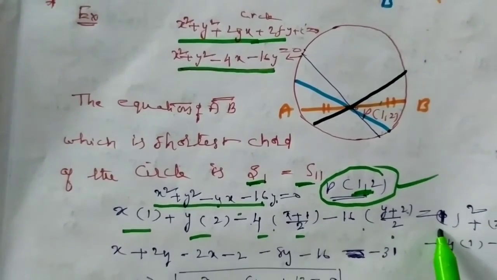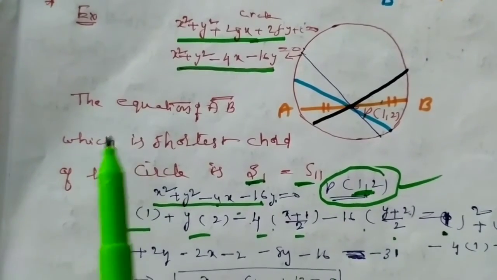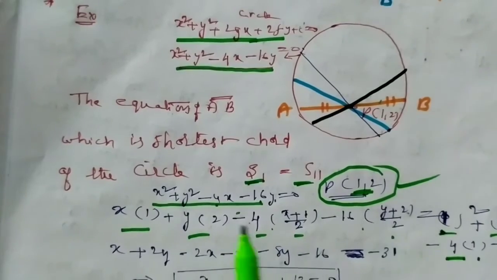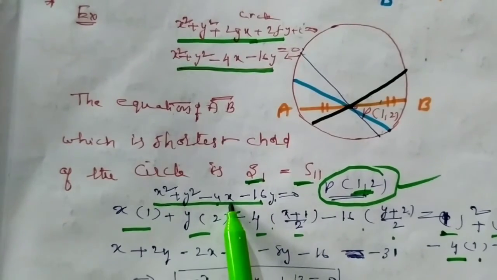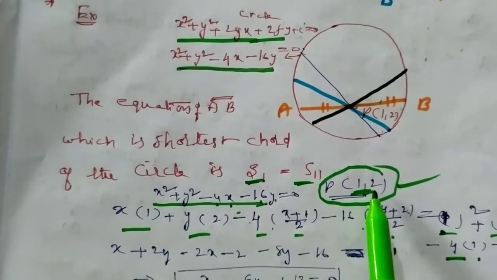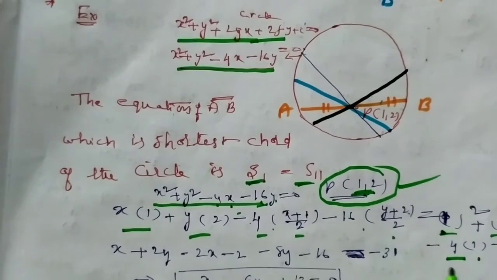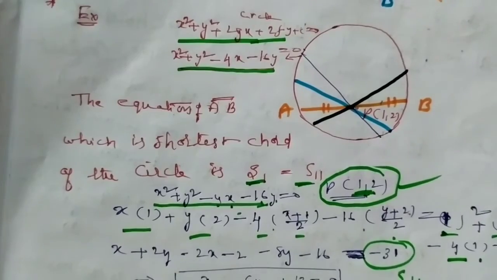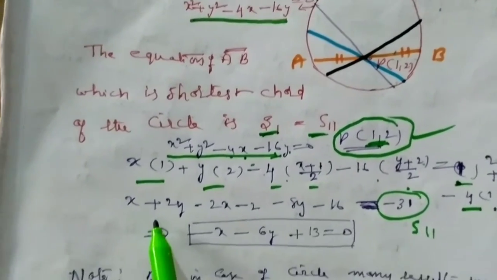So here S11 is 1 square plus 2 square minus 4 into x1, which is replaced by 1, and 16 into y1, which means 2 is substituted. By calculating, you get minus 31 as the S11 value.